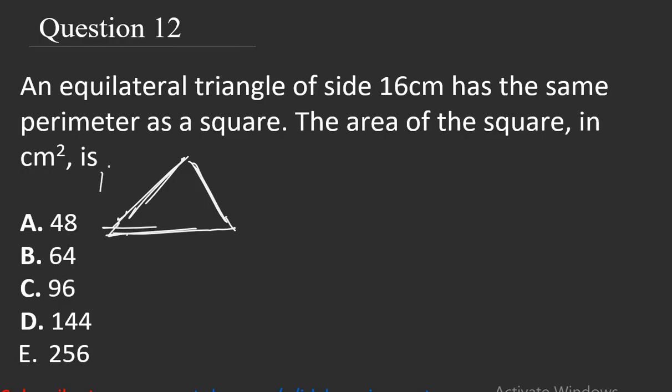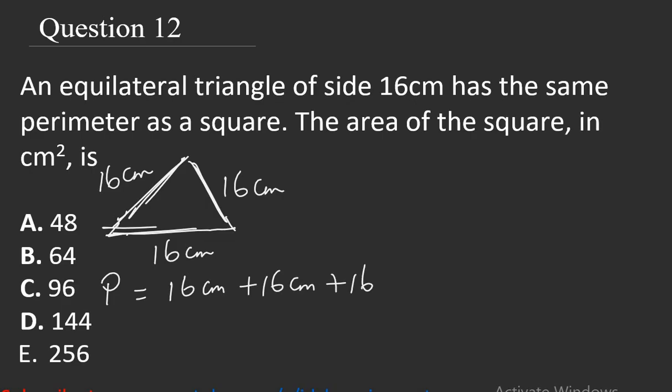So if this is 16 centimeters one side, other sides must be 16 centimeters as well. What is perimeter? Perimeter is the distance round a shape. So 16 cm plus 16 cm plus 16 cm will give us the perimeter of this triangle. If you add this up, it will give you 48 centimeters.